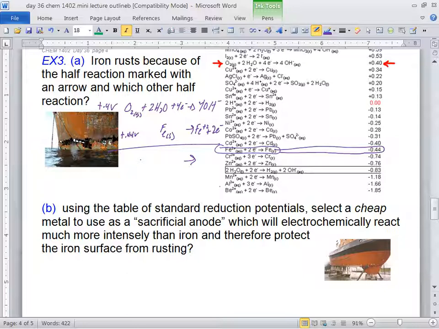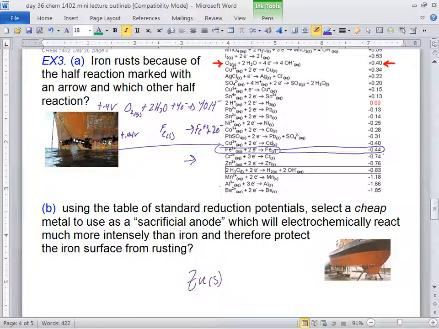I forget the movie, but chromium is not good. Zinc, man, that's even in our vitamin pills. You like zinc, you eat zinc, you drink zinc, you want zinc, and zinc is cheap. It's all over in the Earth's crust. And it's a nice positive 0.76. So that's why they use zinc.